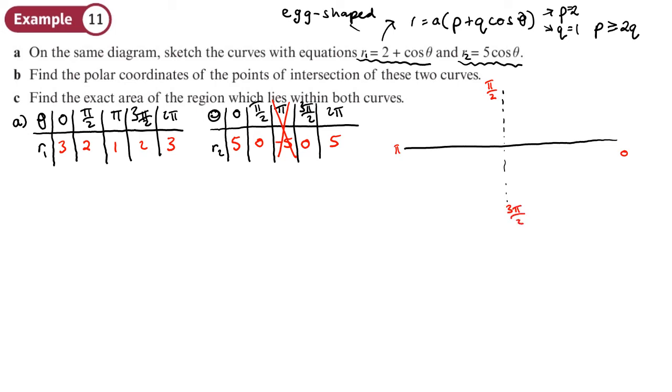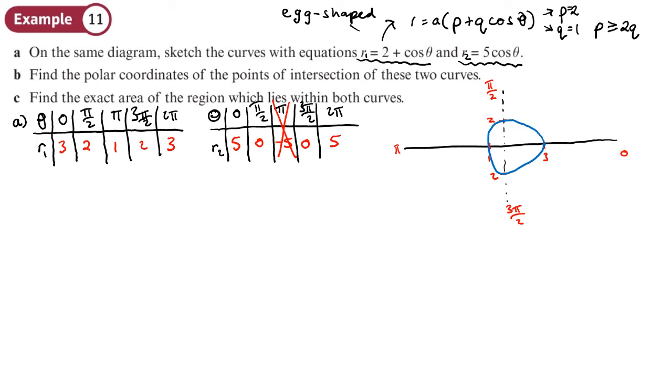So when I've got 0, I'm at 3 here. Let's put 3. Pi over 2 is 2. Pi is 1. 3 pi over 2 is 2. And then I'm back to 3 again. So let's draw that. So it's going to be like this egg thing, so it flattens out like that.